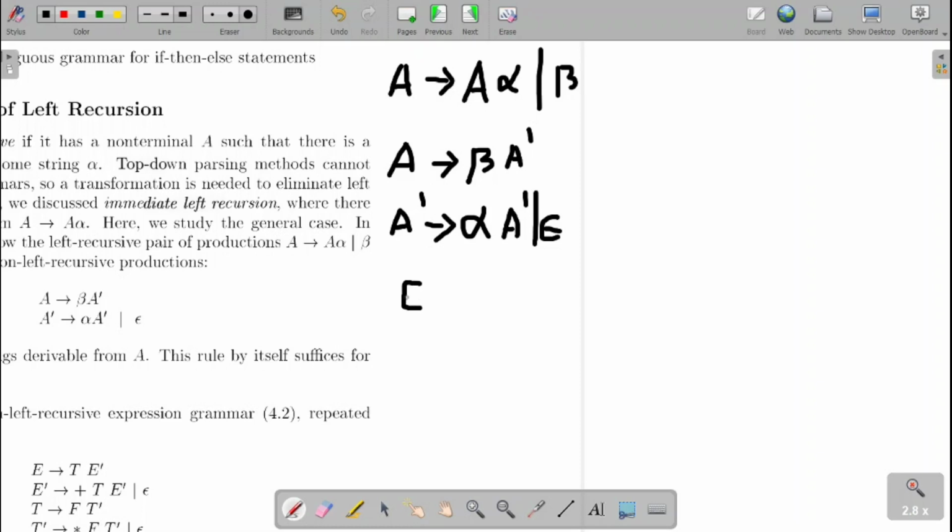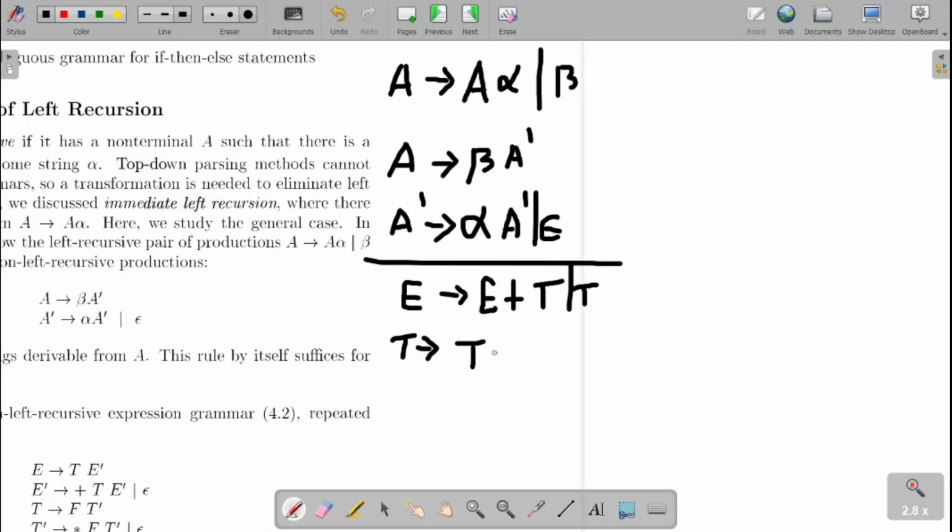After eliminating the ambiguity, we got the grammar as E derives E plus T or T. The next one is T derives T star F or F, and F derives open expression close or the identifier.